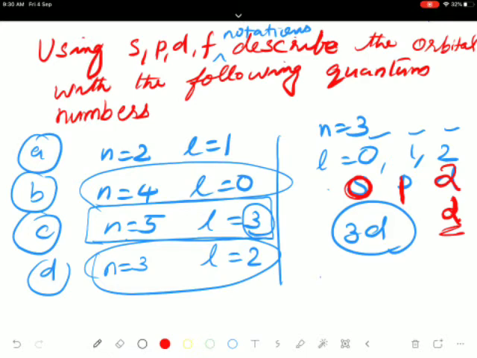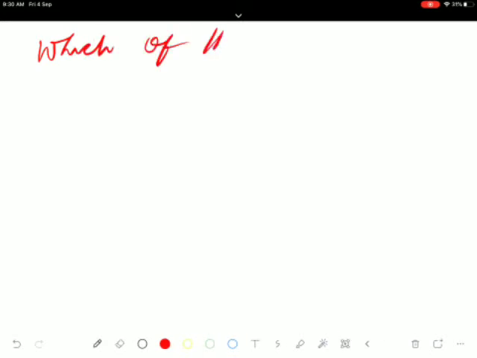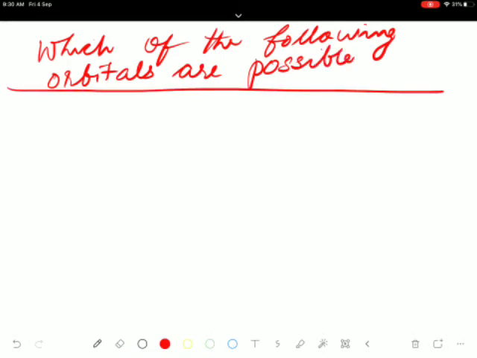Next question. Which of the following orbitals are possible? Possible means those that do not exist in the world are not existing in that format.